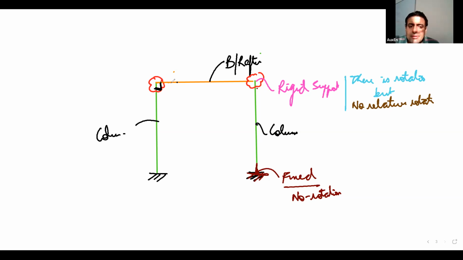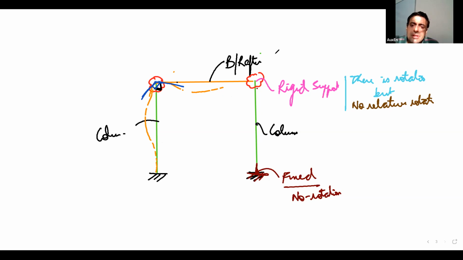Perhaps your assembly would deform something like this, and over here something like this. Before the angle was 90°, after also the angle will remain 90°. So rotation happens, but rigidity means that there is no relative rotation.